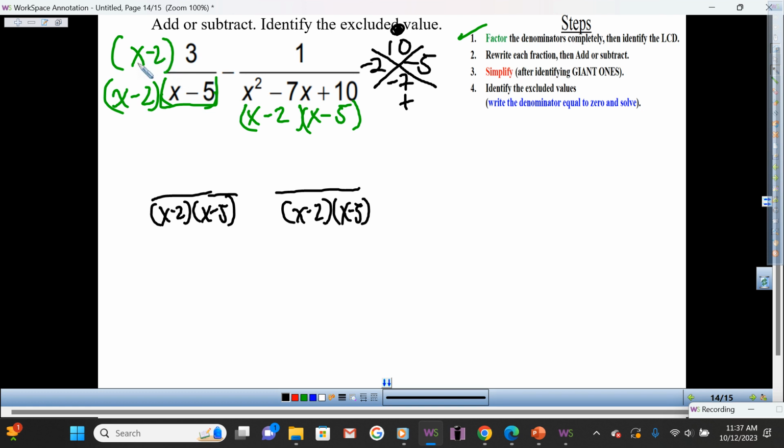So the first numerator, we have to distribute that 3, is that correct? So 3 times x, 3 times negative 2, that is what? 3x minus 6. Tell your neighbor what to write on the second numerator. What do we write on the second numerator?